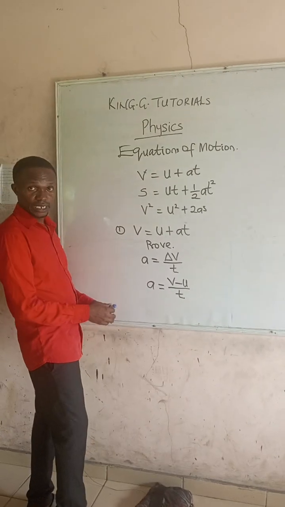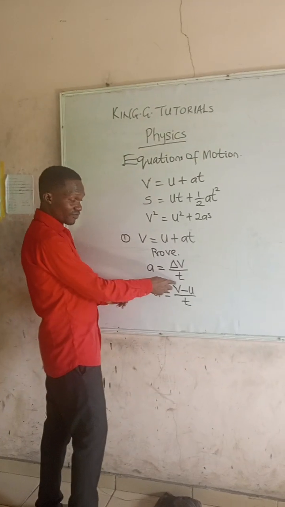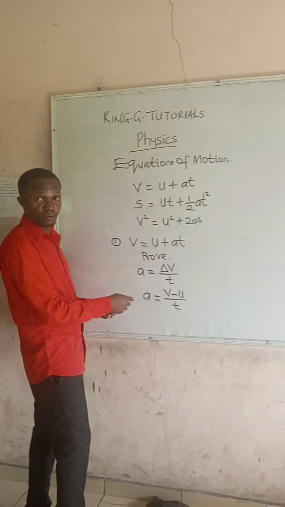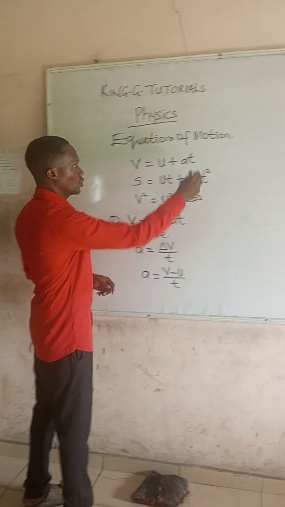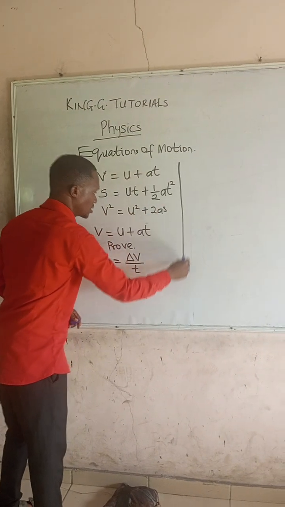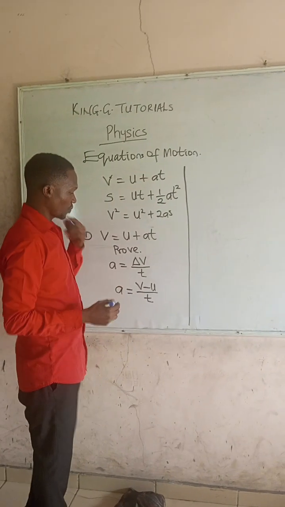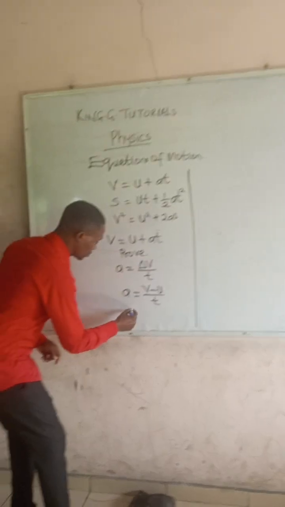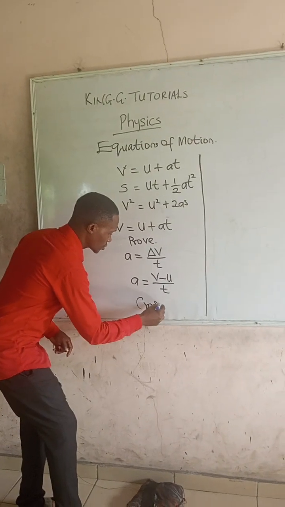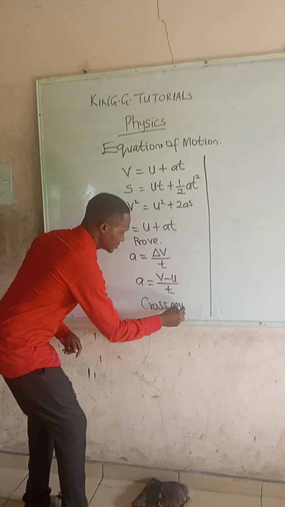Now, what do I do here? I need to make V, the final velocity, the subject of the formula. To continue this, I have to cross multiply.